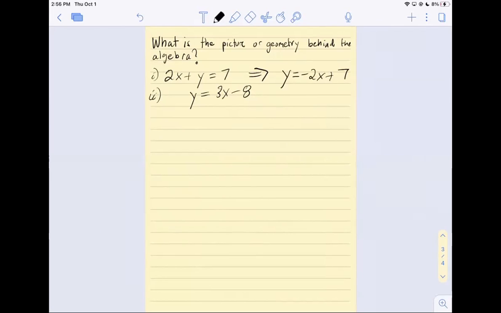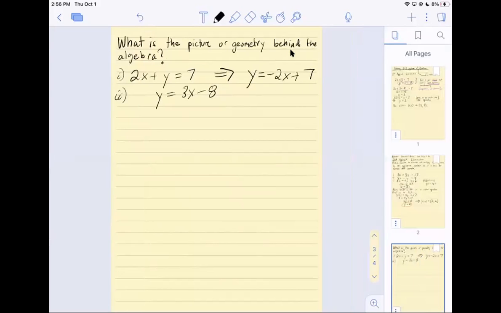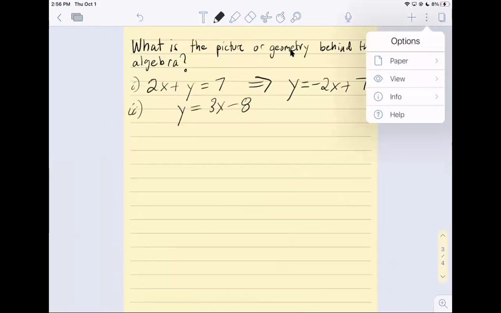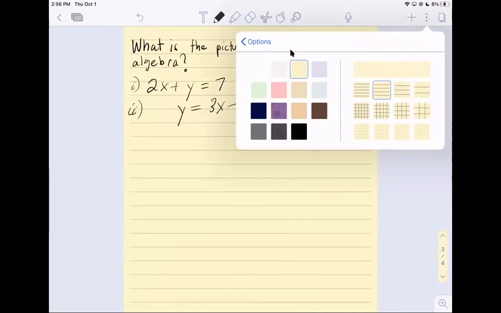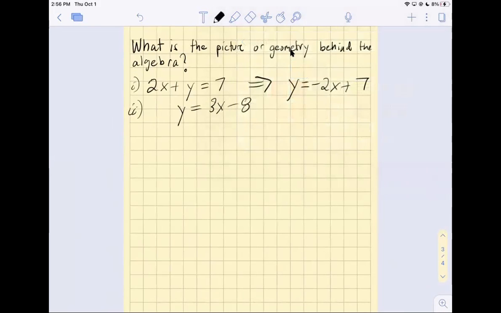But now what are we looking for? These are both equations of lines. Let's just quickly, oh, you know what? Let's see if I can do this here. Paper, let's do a little graph paper. Cool. Let's plot these two lines and just kind of sketch where they go through.